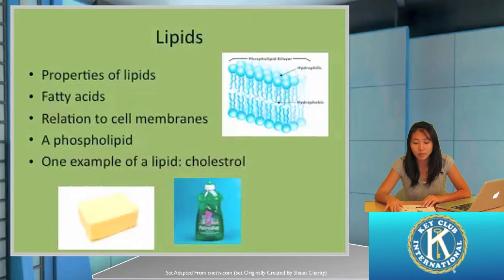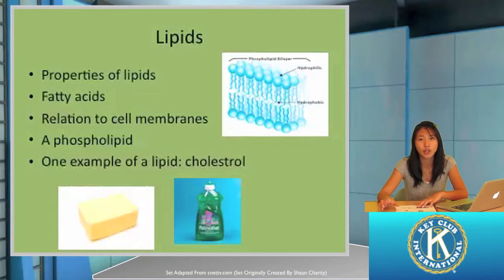Lipids are nonpolar and hydrophobic, which means that they're not attracted to water. Lipids are very important in the cells because the cell membrane is made out of lipids. The form of lipid that makes up the cell membrane is called the phospholipid, which exists with a head and a tail.